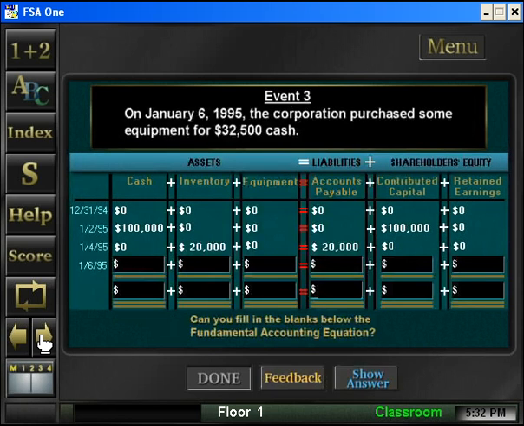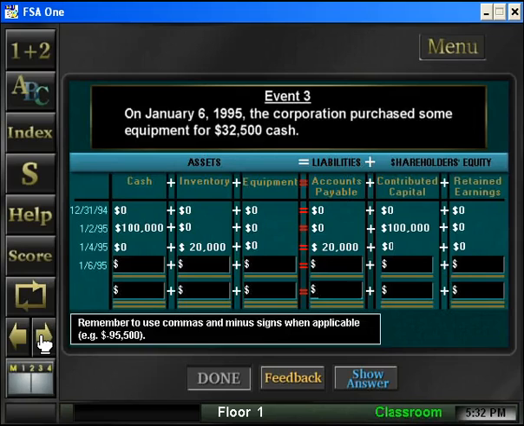Analyze Event number 3 and complete the fundamental accounting equation for January 6, 1995. Note that a new asset column for equipment has been added. Can you fill in the blanks below the fundamental accounting equation?